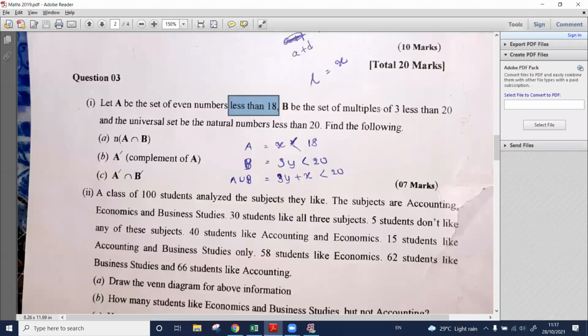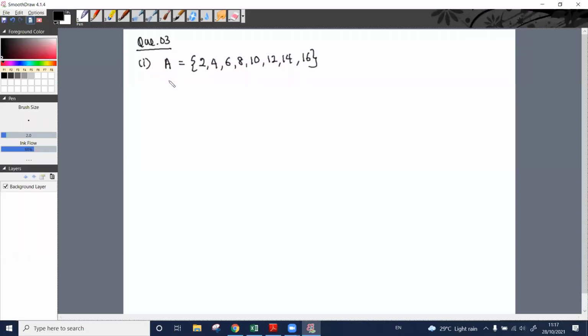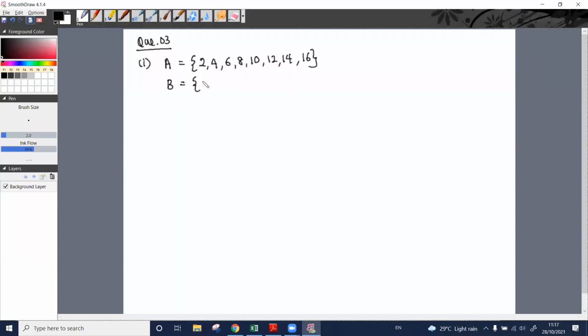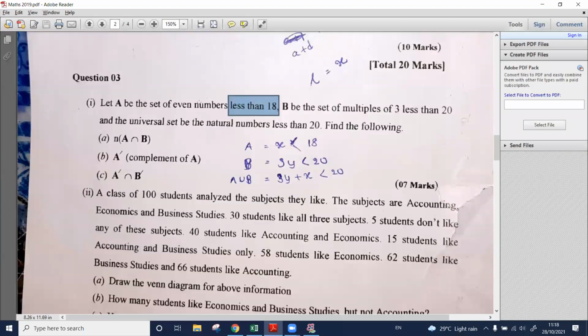B, be the set of multiples of 3 less than 20. B should be what? Multiples of 3 less than 20. So it should be 3, 6, 9, 12, 15, and 18. Right.